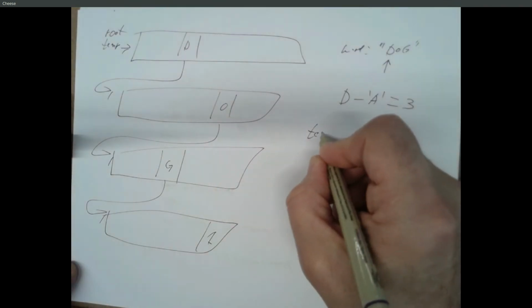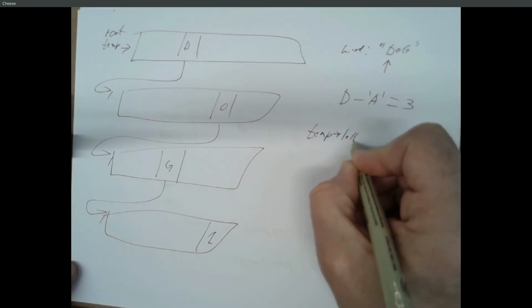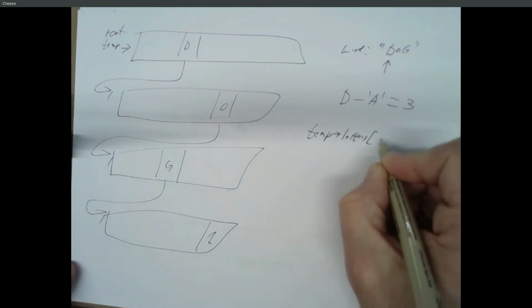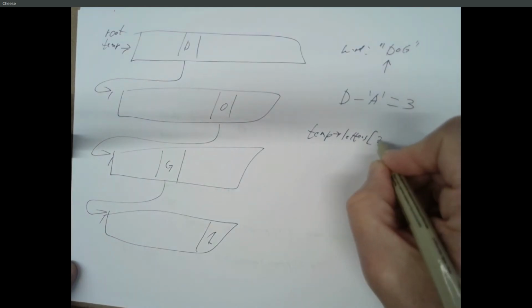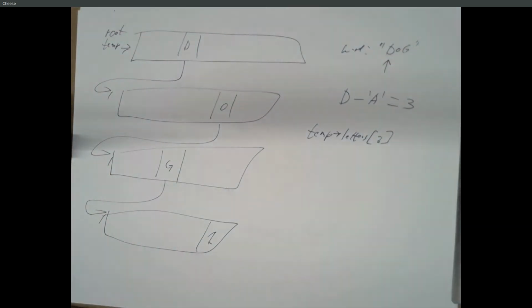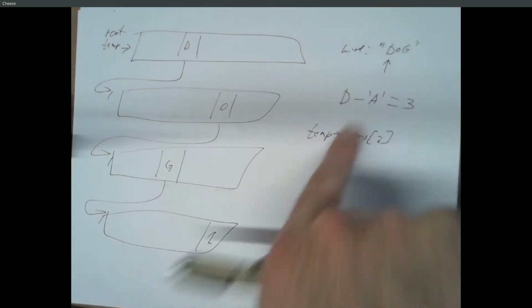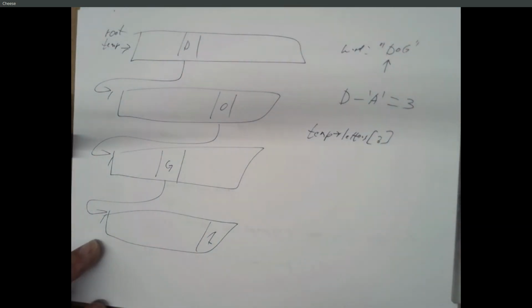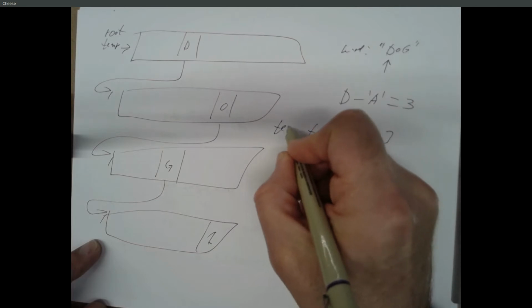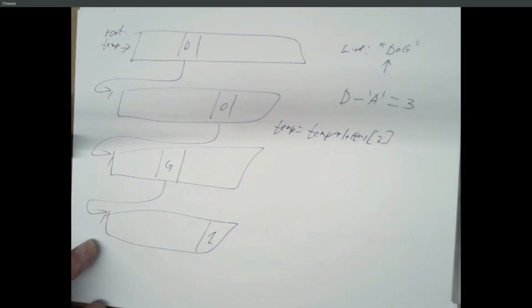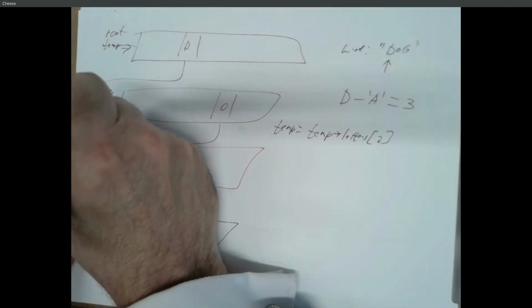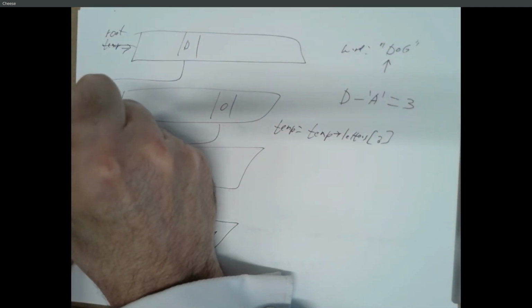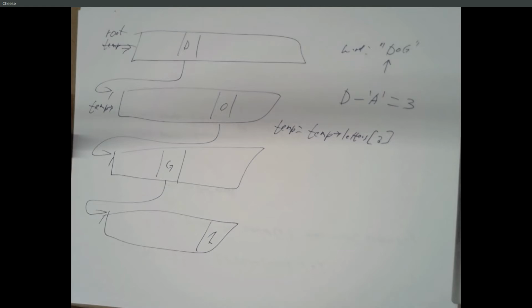So look at temp letters, bracket 3, but use a formula, word bracket i minus A. So I can just say set temp equal to that. And now one of two things will happen. Either temp is pointing here or temp is null.